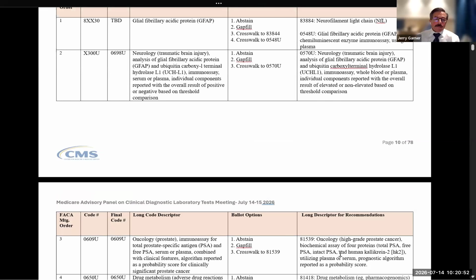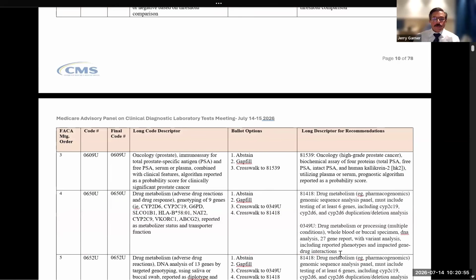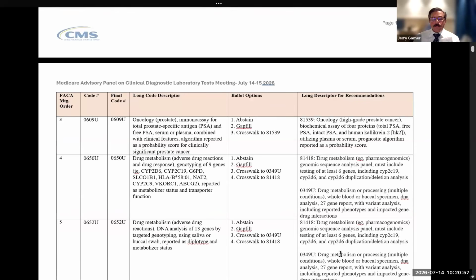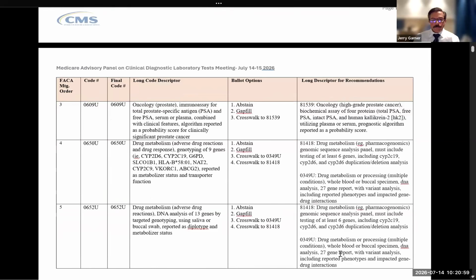The CDLT panel voted to gap fill 0550U in 2025. After review, the CDLT panel determined that the requested crosswalk from the test sponsor is not appropriate and differs in the number of analytes in the specific isoforms. The assay matches specimen type and clinical use, but does not match on the number of components.